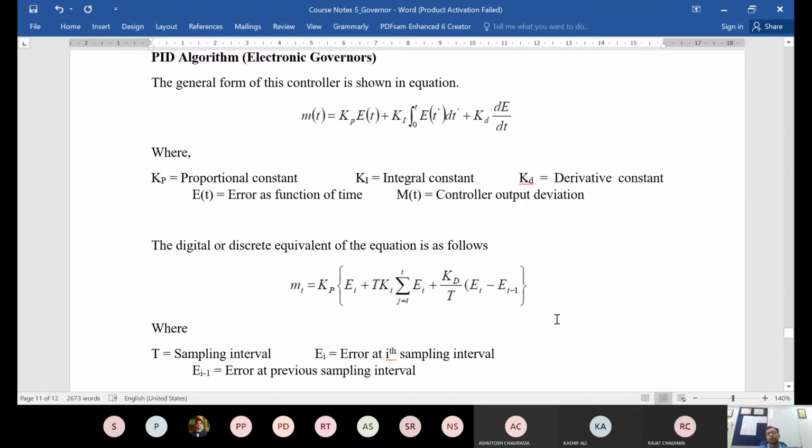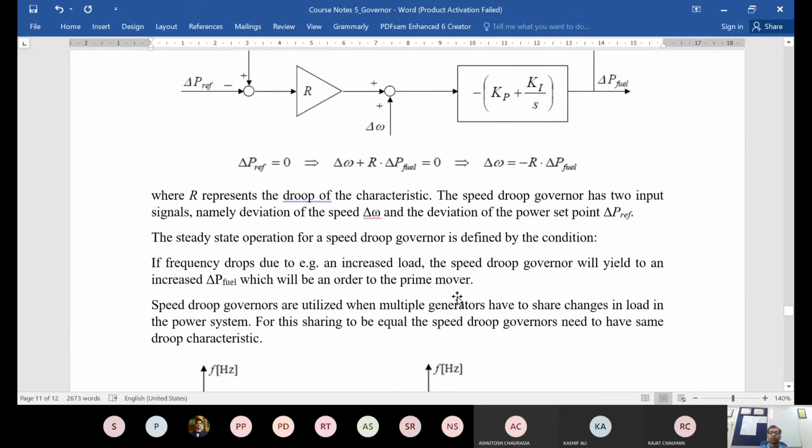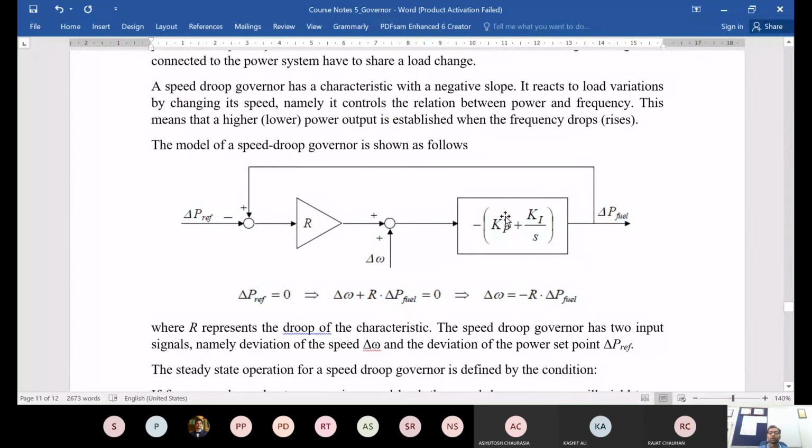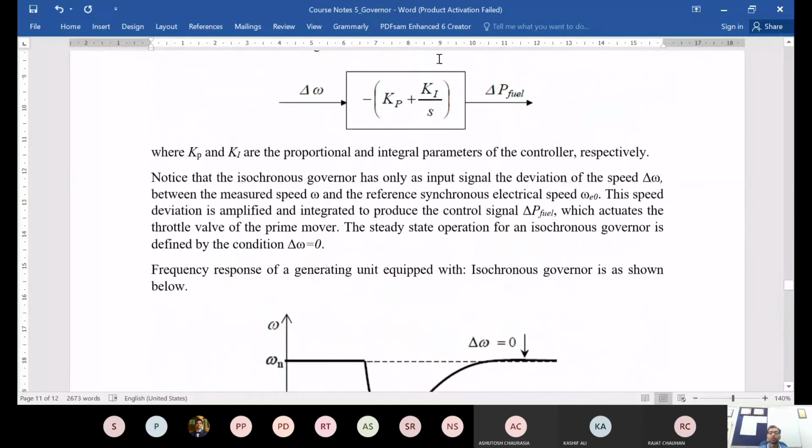That way, PID control can be implemented in the digital mode of the governor. Practically, this is what we use, PID controllers in digital mode. So this governor block diagram will have that discrete PID controller equation coming into the picture here.